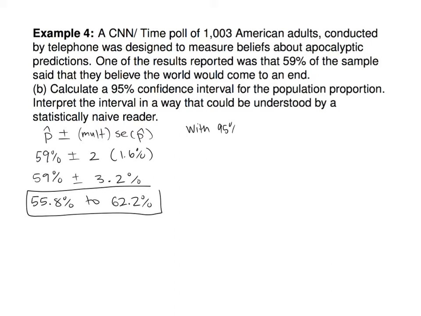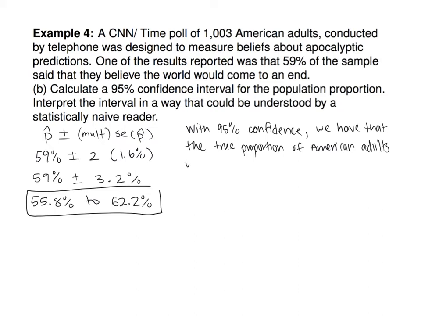With 95% confidence, we can say, or we have, that the true proportion of American adults who believe the world will end is between 55.8% and 62.2%.